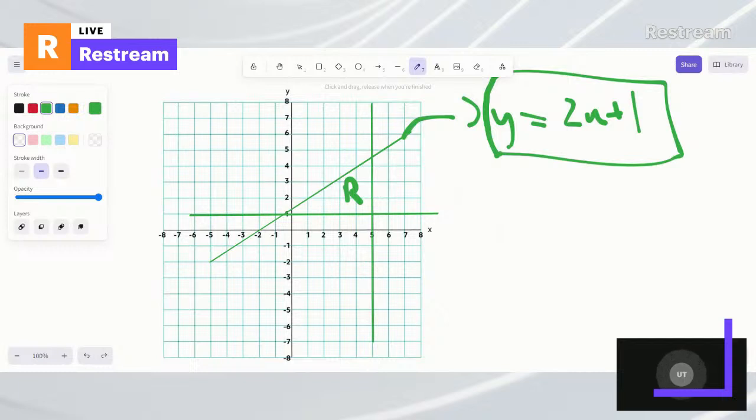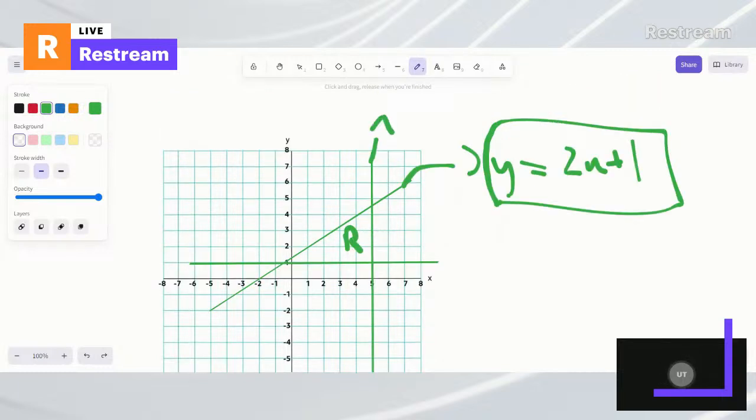You need to first identify the equation of each line. So what's the equation for this line? As I've told you, it's a horizontal line. What's the equation of this yellow line?